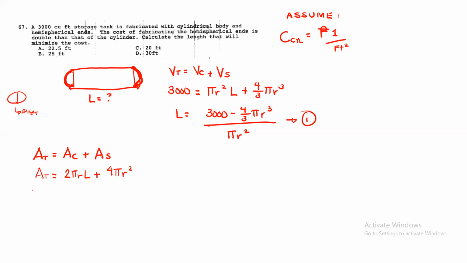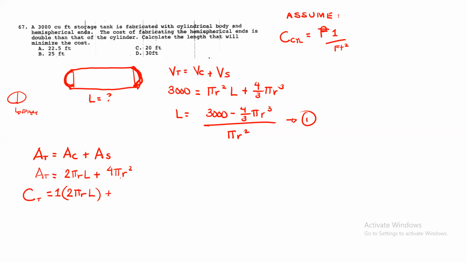Then, para makuha natin yung cost, di ba ang cost total natin is equals to cost ng cylinder. So, ang cost ng cylinder is 1 peso per foot squared. So, 2 pi rL times 1, plus, dahil sabi niya kasi yung cost ng hemispherical ends is doble nung cost ng cylinder.